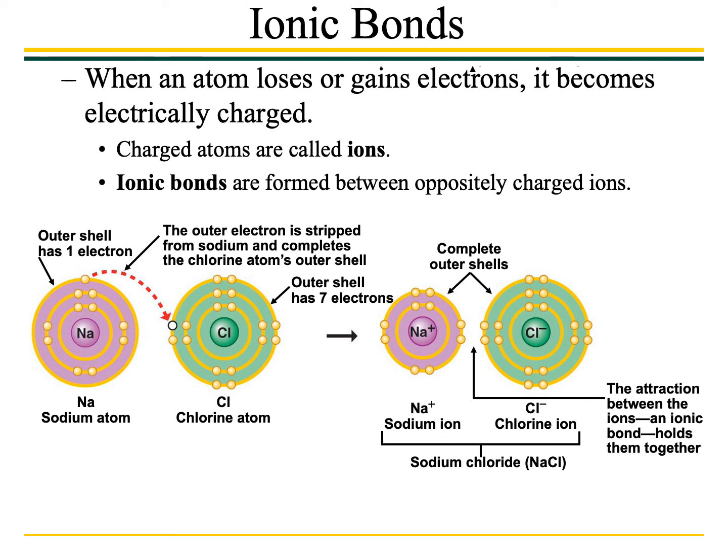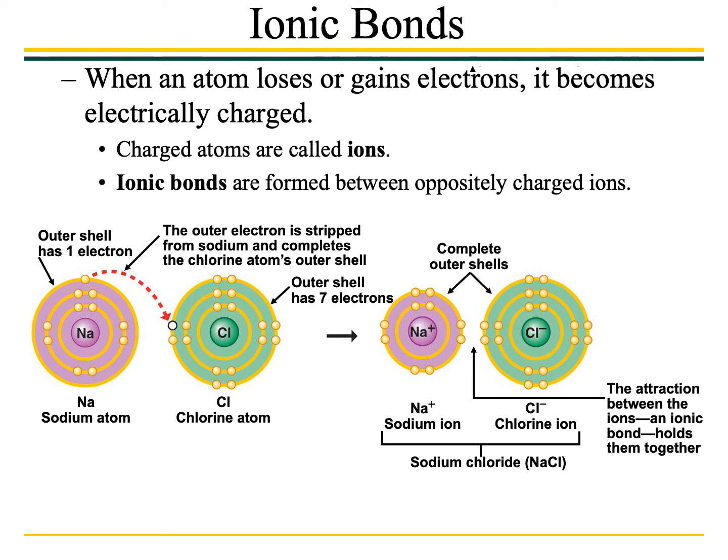The other shells are filled with electrons, and the outermost shell has 1 electron in it. Chlorine, on the other hand, has an atomic number of 17, which means then that there are 7 electrons in the outermost shell. There is space for 1 additional electron to make chlorine much more stable.